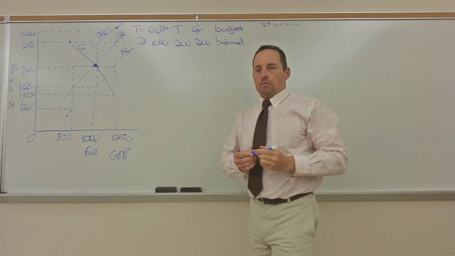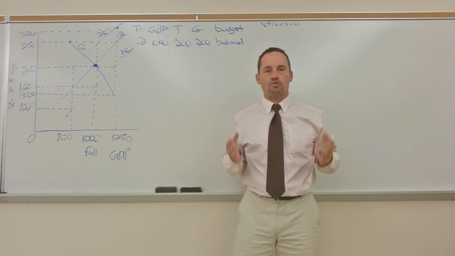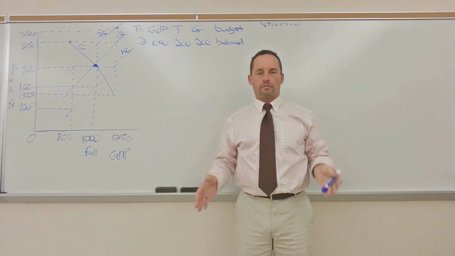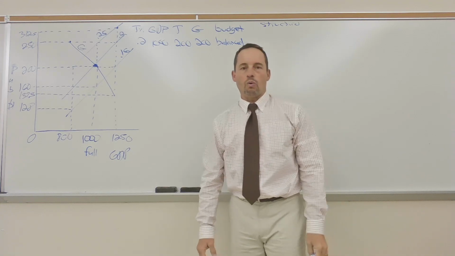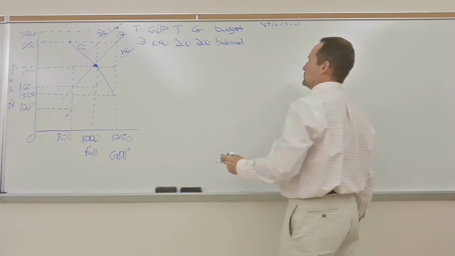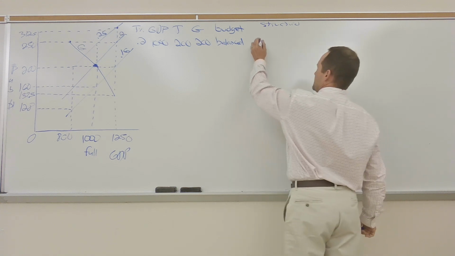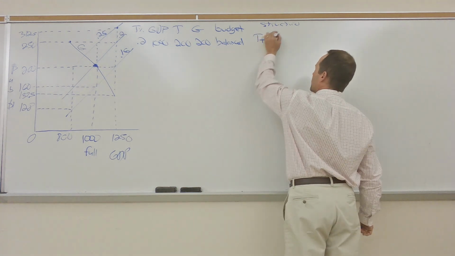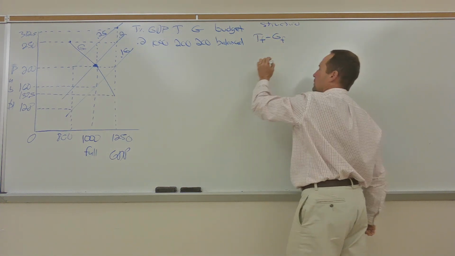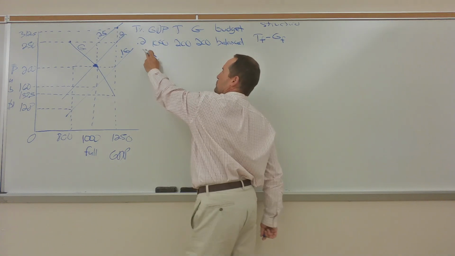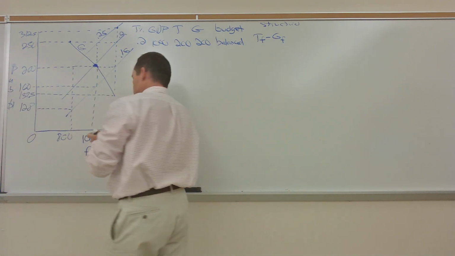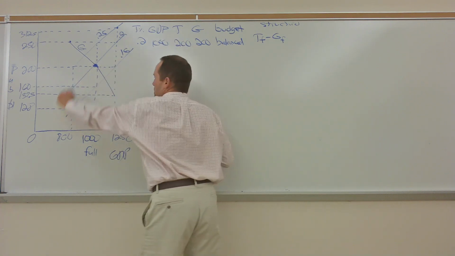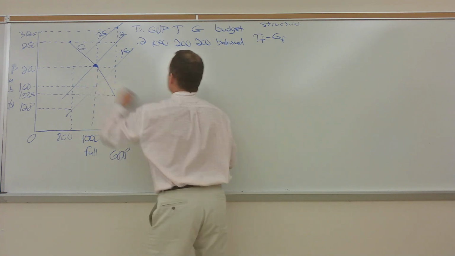Structural, the whole notion of structural is structural assumes normal or full. So, T full minus G full. So, T full, what tax percent are we using? 20. So 20% is many things, but over full it is 200.